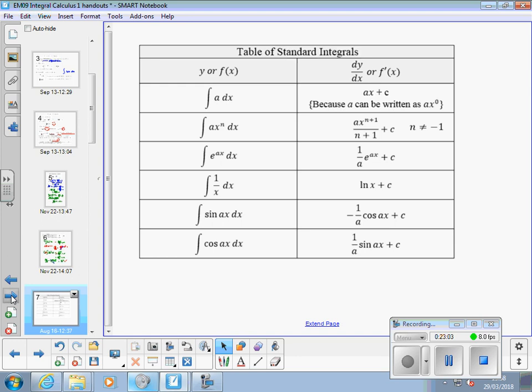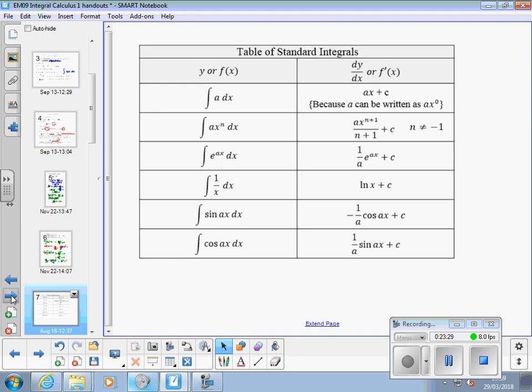Where n is minus 1, we're looking at this version. The integral of 1 over x dx is ln x plus c. We've got an entry for e to the power of ax. We can divide by a, leave e to the ax in there, and add a constant of integration.